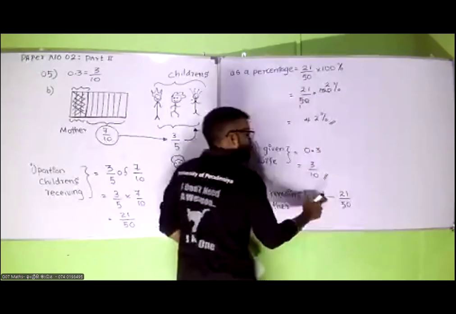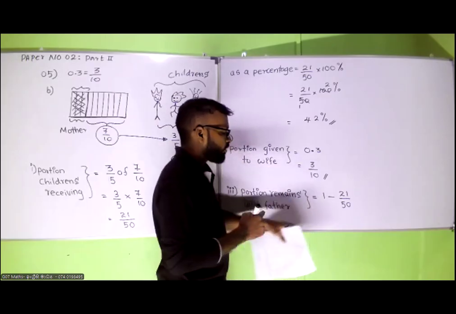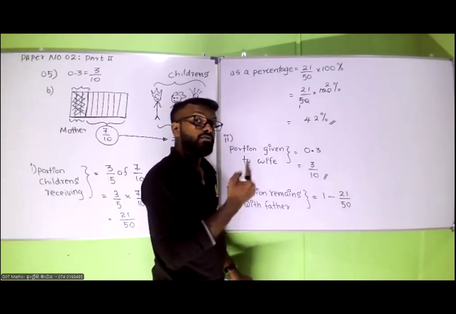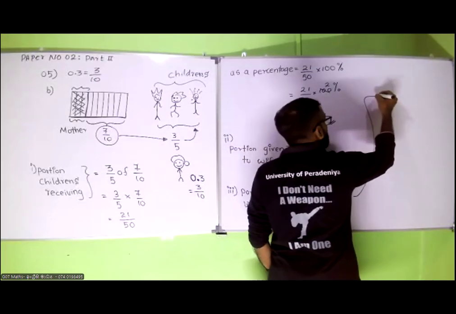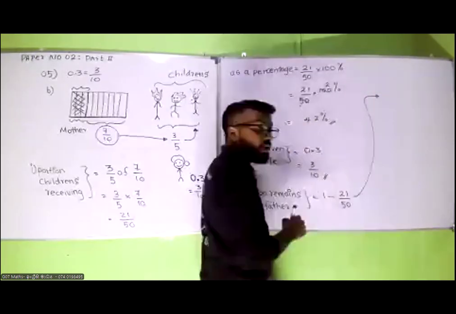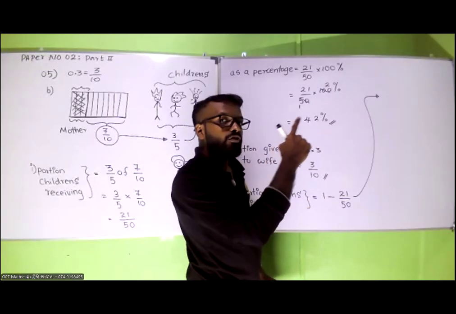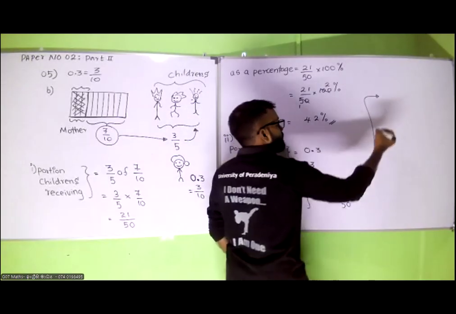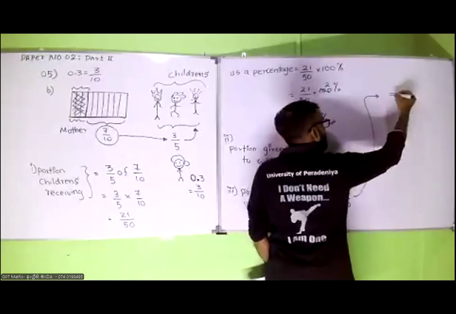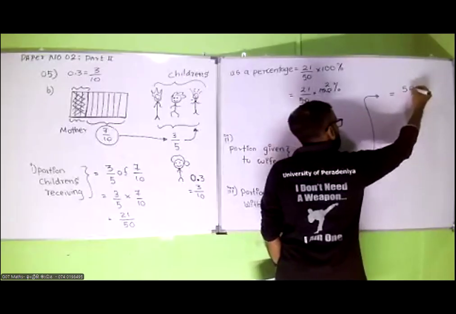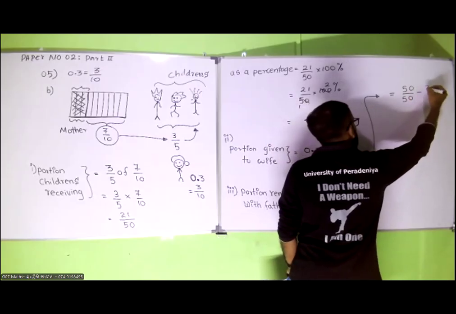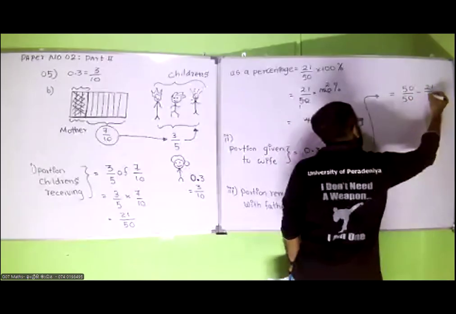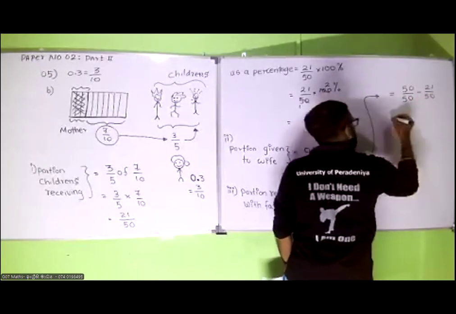I told you guys a way to write this in another way. 1 can be written as 50 divided by 50. You know that 50 divided by 50 is 1. You have to subtract 21 upon 50 from that.